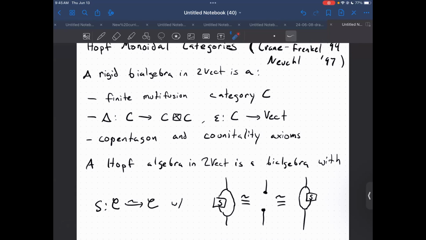I ask for the identity map to have a two-sided dual in the convolution monoidal category, which, since I want it to be Hopf, is moreover an equivalence of categories. Here I've just written that these things exist. You can ask for them to satisfy some axiom that's property, not structure, in the same way that if you have an equivalence of categories, you can choose to promote it to an adjoint equivalence, but you may have to change one of the structure maps.